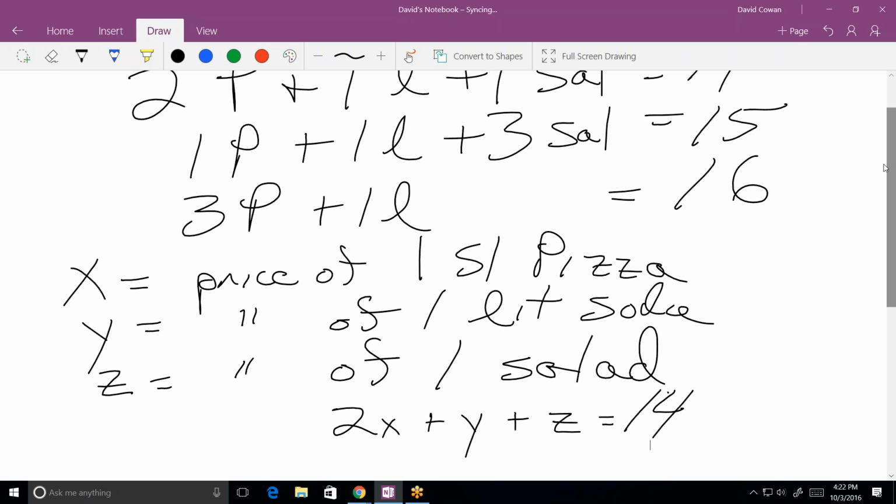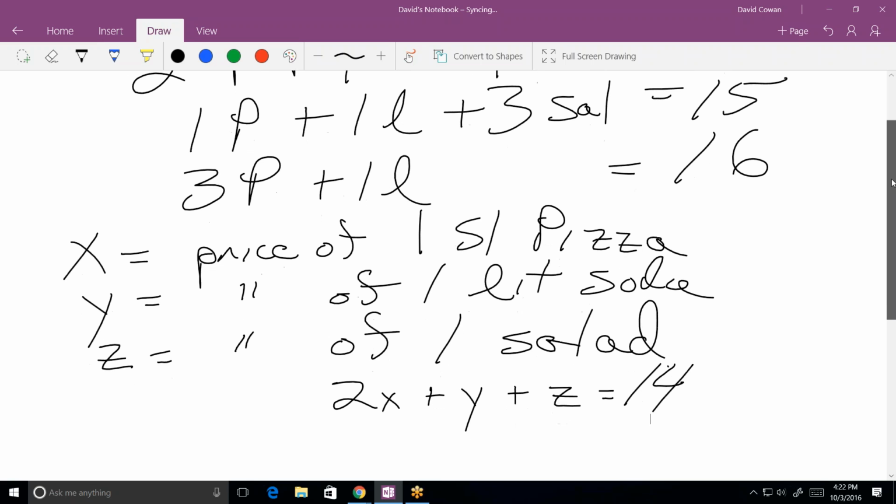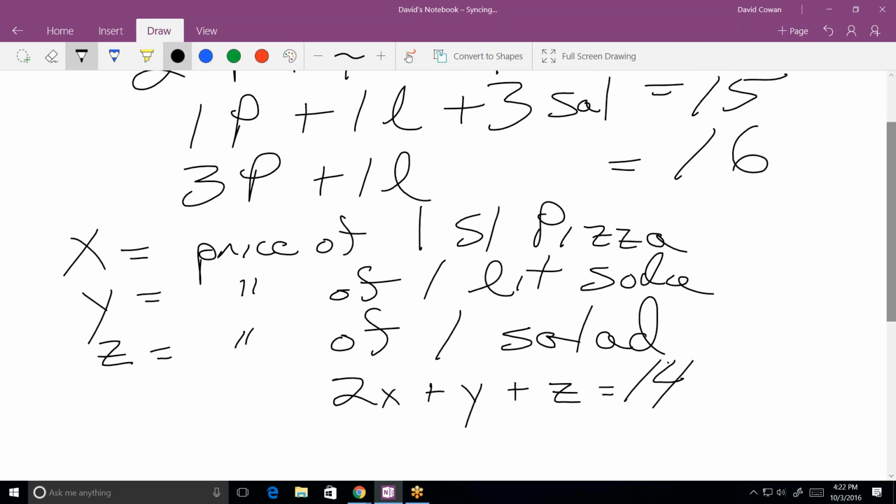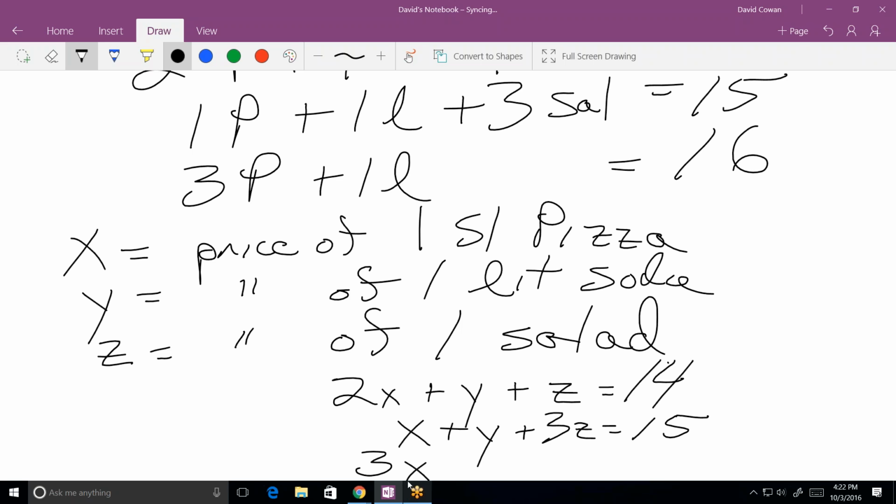And then the second one is x plus y plus 3z equals 15. And the third one is 3x plus y equals 16. Okay.